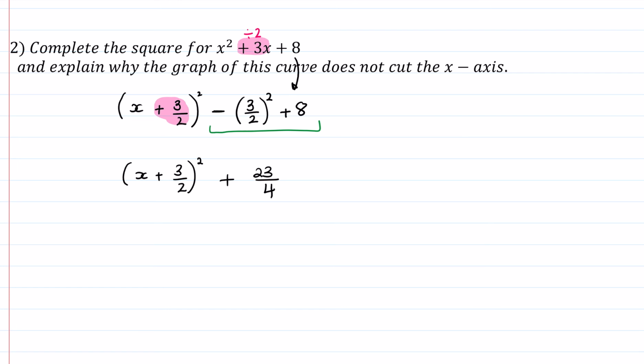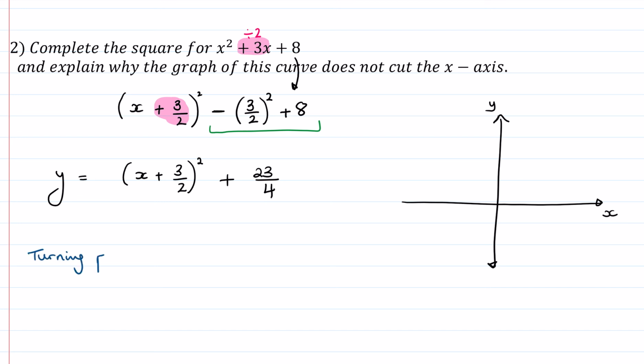I now need to explain why the graph, which is y equals, doesn't cut the x-axis. So let's have a look. I'm going to do this visually. My first step really is to find the turning point, the coordinate of the turning point. The coordinate of the turning point has an x and a y. The x coordinate is always this number inside the bracket, but I need to swap the sign.